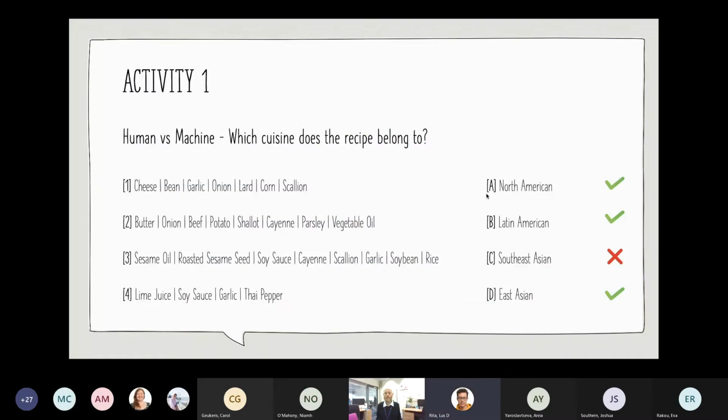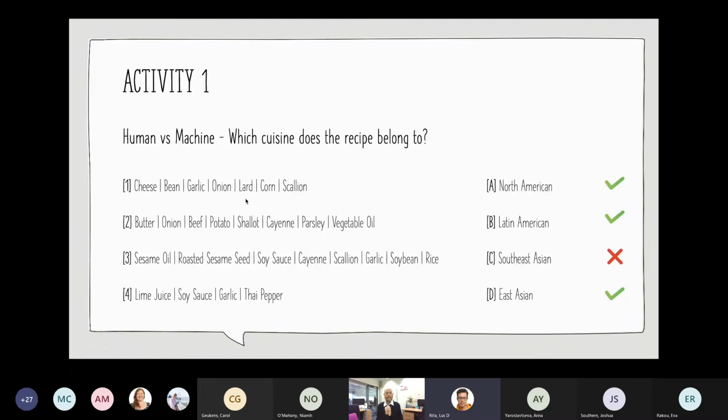And now that you are seeing my screen again, we can tell there are some ingredients that let us easily infer the type of cuisine. For example, in the case of Latin American, it's very common to have corn and cheese, two ingredients very much present in Latin American cuisine.